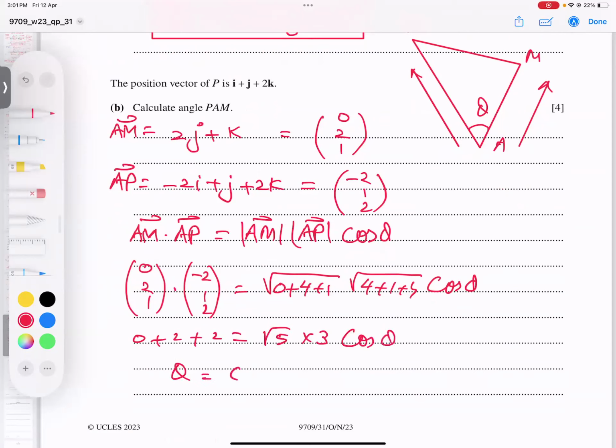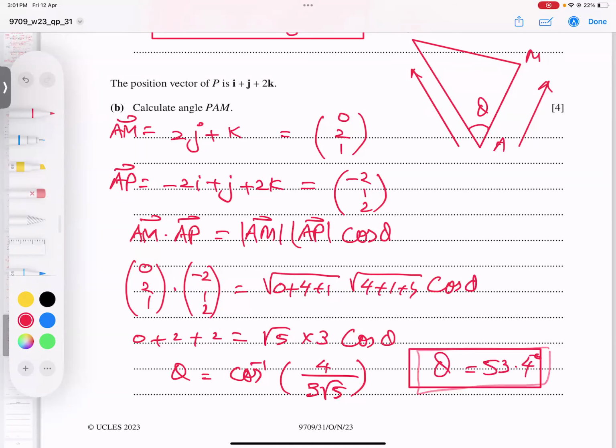So theta is equal to cos inverse of 2 plus 2, 4 over 3 root 5. If we check it in the calculator, yes, the answer is coming 53.4. So we got 53.4.